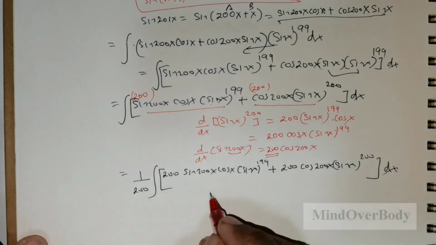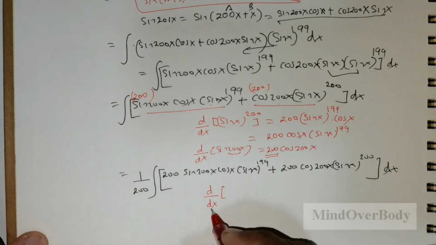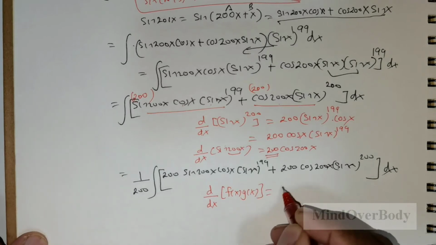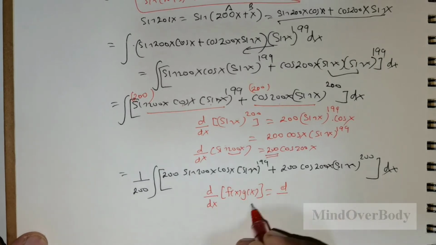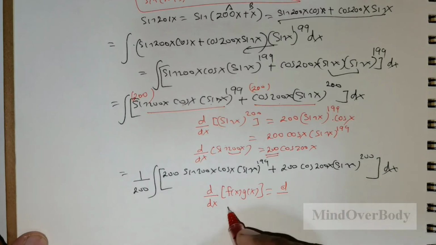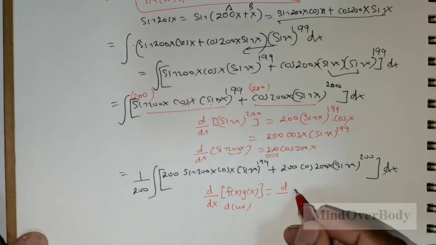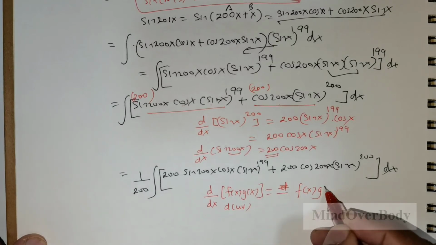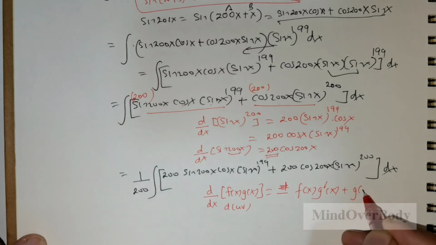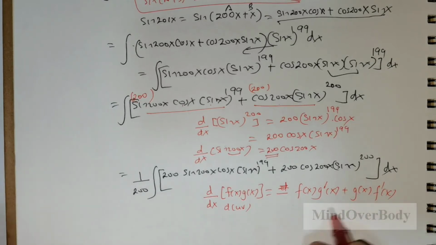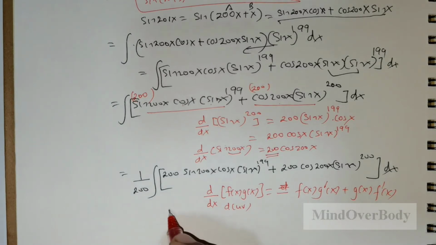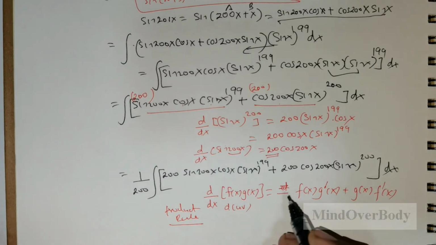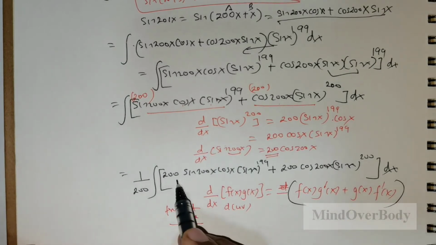Now you would have studied from differentiation that d over dx of f of x times g of x is nothing but f of x times g dash of x plus g of x times f dash of x. That's going to be my uv formula, the product rule, right? Now clearly you have got this expression over here.